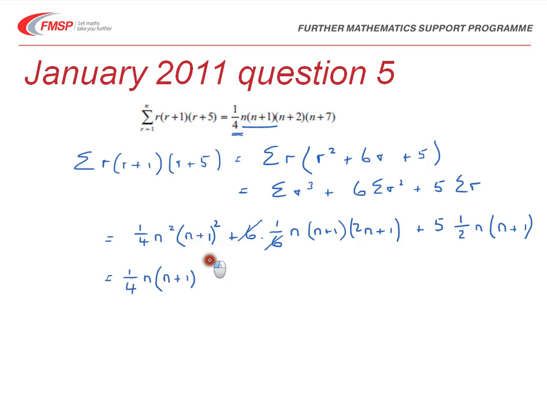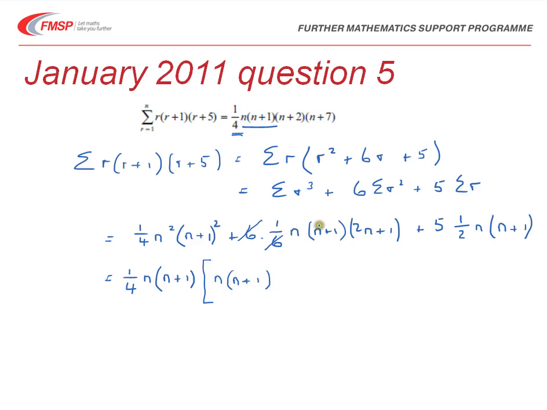And then to see what's left from each of the expressions that we've got on the line above. You see the first term then, if n and n plus 1 has come out from here, we are left with n and n plus 1.